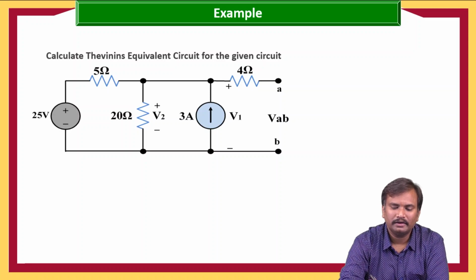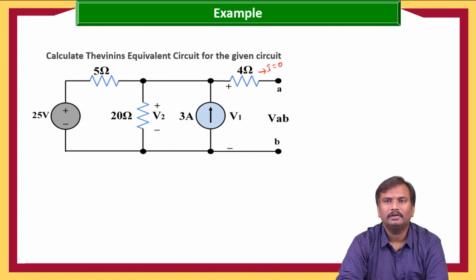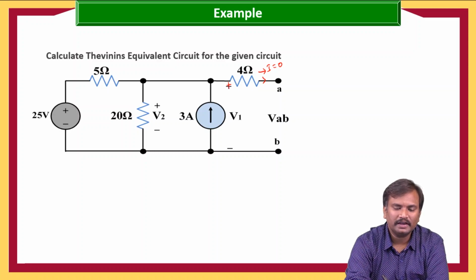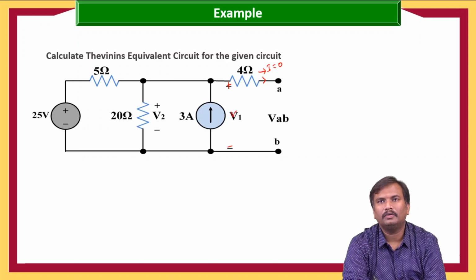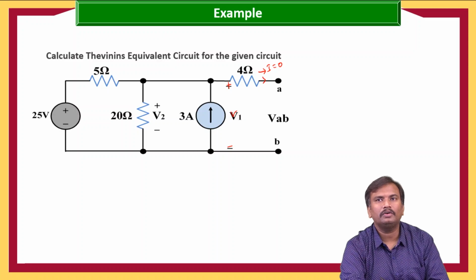Here it is open circuited, so the current flowing through 4 ohms is 0. When the current flowing through 4 ohms is 0, the voltage across this 3 ampere source is nothing but the open circuit voltage. But we cannot calculate the voltage across the 3 ampere source because we don't know the resistance across the 3 amperes.